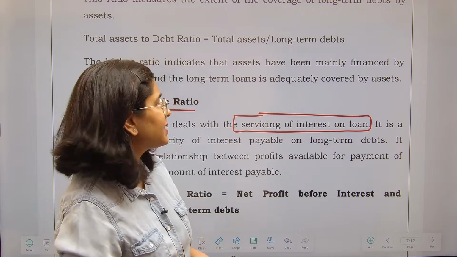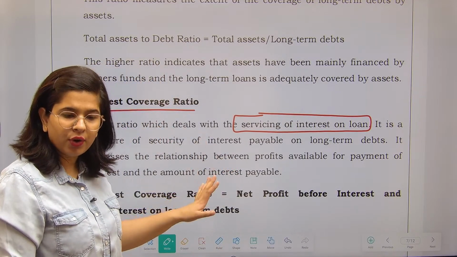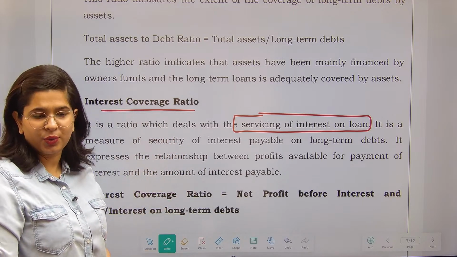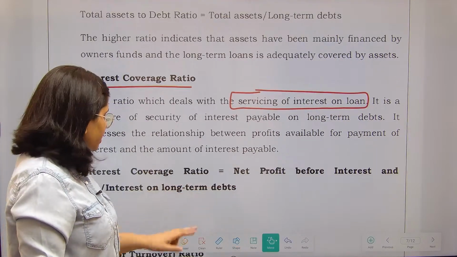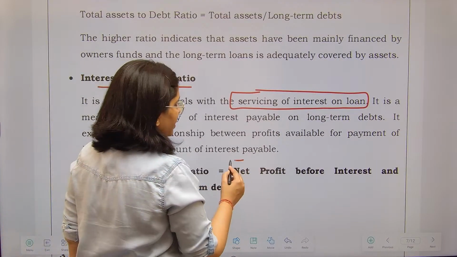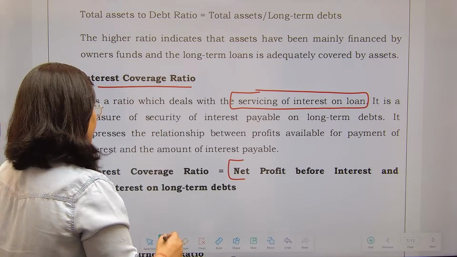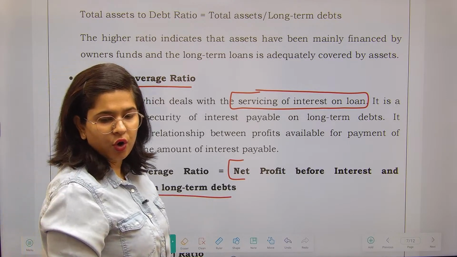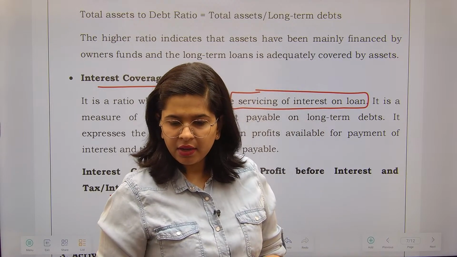Banks also check this ratio when you seek a loan. What do they see? Net profit before interest and taxes divided by interest on long-term debts.